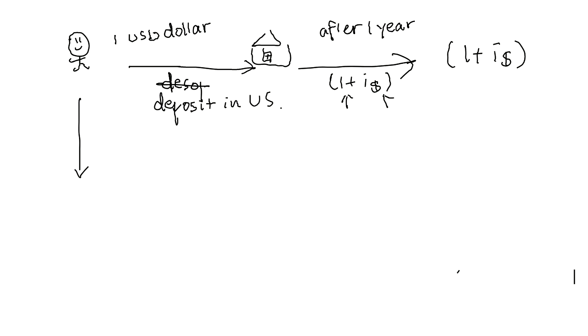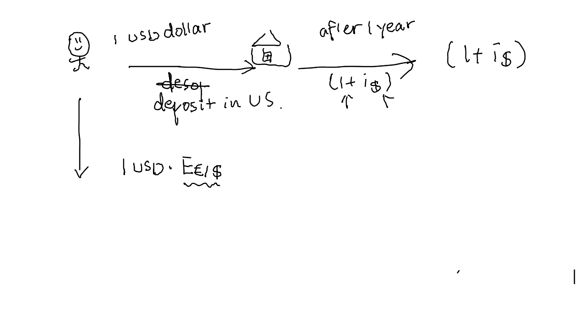You have to sell your US dollar in exchange for the euro, right? So how much could you get in euro for your US dollar? Right? So this is the first step.